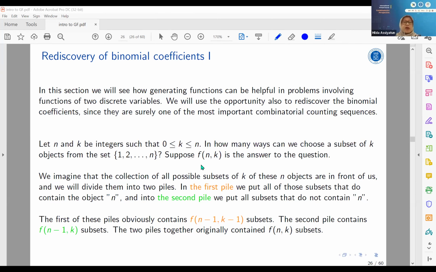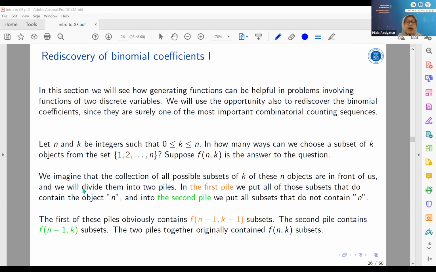So now our sequence depends on 2 variables n and k. As in previous examples, to employ the method, we need to have a recurrence formula. Here we don't have the recurrence formula yet, so we will construct the recurrence formula for our sequence. How to do it?